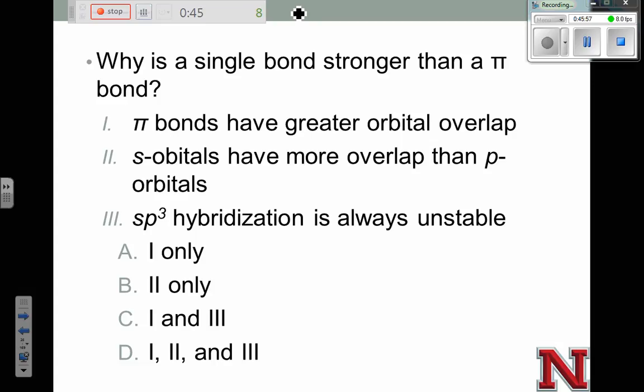So, besides the fact that our pi bonds are more accessible because they're more on the outside, because of that head-on overlap, our sigma bond orbitals actually overlap more than our p orbitals. And that's going to create a stronger bond also. So the more overlap, the stronger the bond. And we'll see that even with compounds that still have an overlap, but maybe not a good overlap.